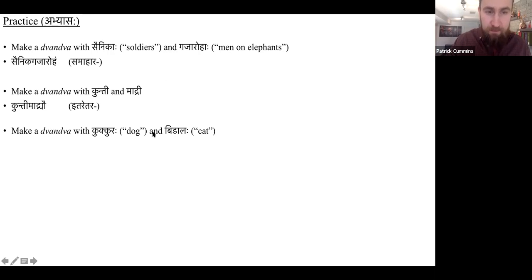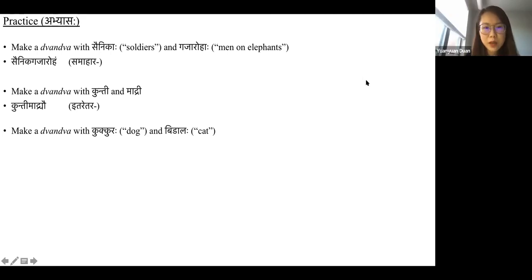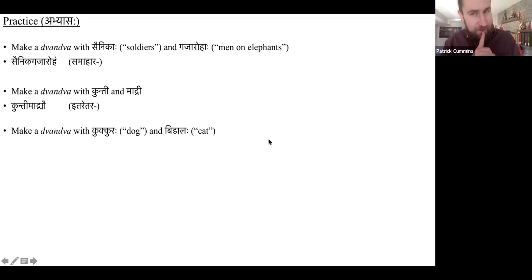And so could somebody then try with this one, kukura, dog, and bidala, cat? What type should that be? Is that an itaretara dvandva? It's not, but let me ask you, why not?